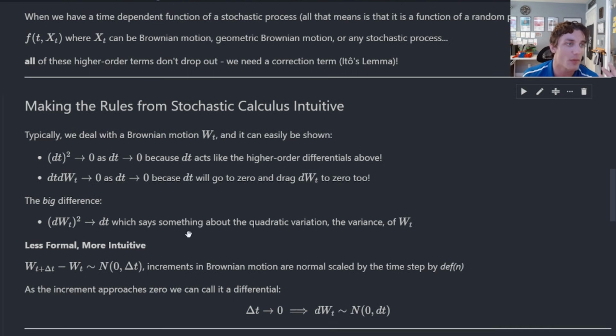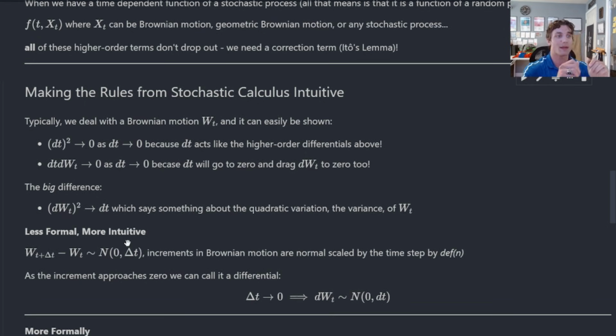Well, less formal, but more intuitively, we can understand that the increments in Brownian motion, that is, if we evaluate the Brownian motion at this point in time, and then we wait some delta t, maybe 1 day, and evaluate the Brownian motion at this point in time, then that increment is going to be a random variable. It'll be distributed normally with a mean 0 and a variance of that time step, that delta t, that change in time.